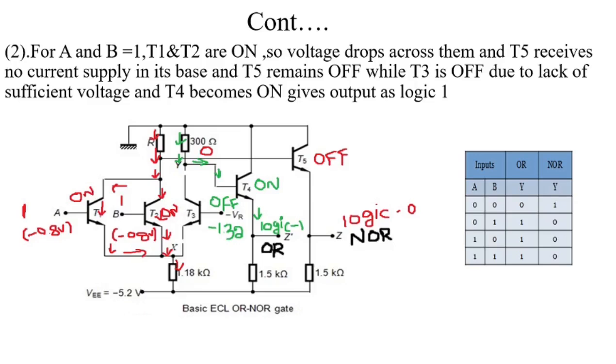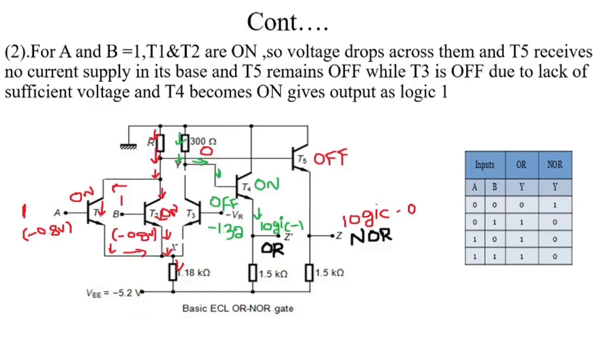So from the power supply, here we get logic 1 output, and that output is given to the input of this T4 transistor. Sufficient voltage is given to the input of this T4 transistor, the transistor is on, and finally we get logic 1 output.